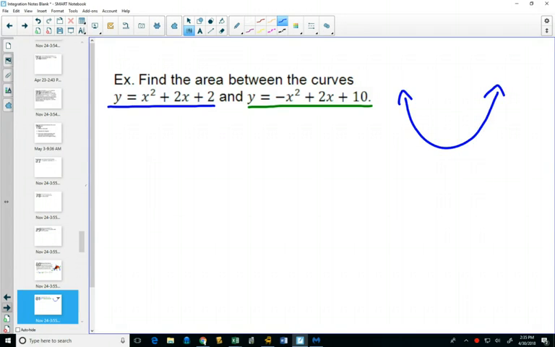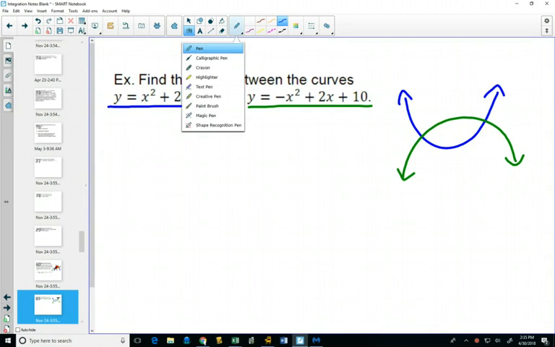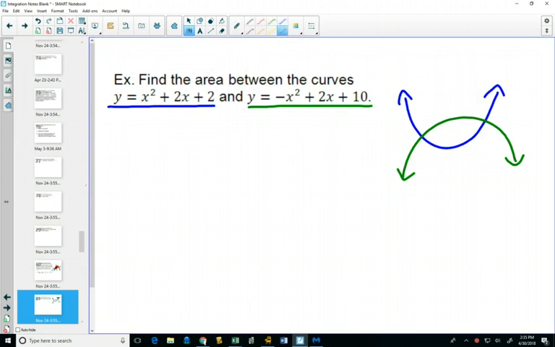What do I know about the green graph? It's a parabola that opens down. Now, it could be that they never intersect, but if they do intersect, I will create an area in between.